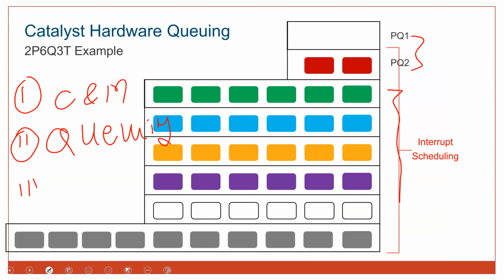Then third, you are doing bandwidth reservation, right? You're reserving the bandwidth for certain traffic, high priority traffic, low priority traffic, or according to the volume of traffic.